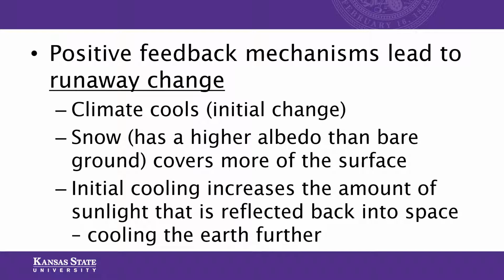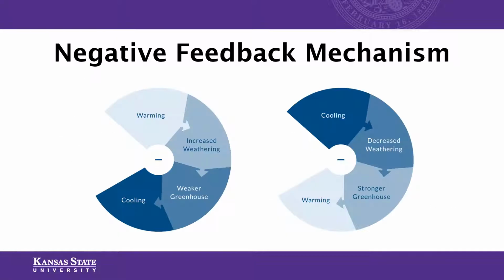Positive feedback mechanisms tend to lead to runaway change. Change that, unless there's some type of a massive jolt to the system, we cannot get ourselves out of. A small initial change is accentuated into a major change. And then this runaway change that I've described here, where the earth suddenly cools and we're in an ice age, the exact opposite can be true where we warm up to a stage where we are too hot. Okay? So that's a positive feedback mechanism, which is the figure that we see here on the left-hand side.